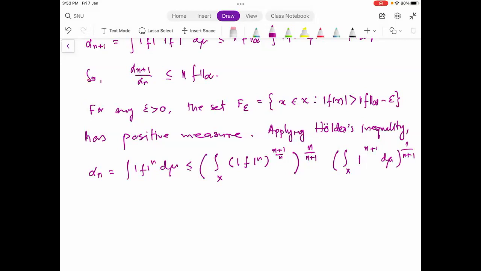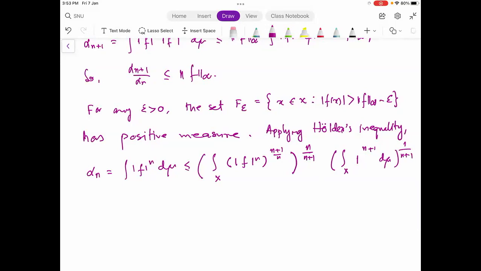Again, a trick, but these things appear all the time. Is that clear to everyone? I'm applying Holder's inequality with the first function mod f to the power n, the second function constant 1. So I have p equal to n plus 1 by n and q equal to n plus 1. That's all.